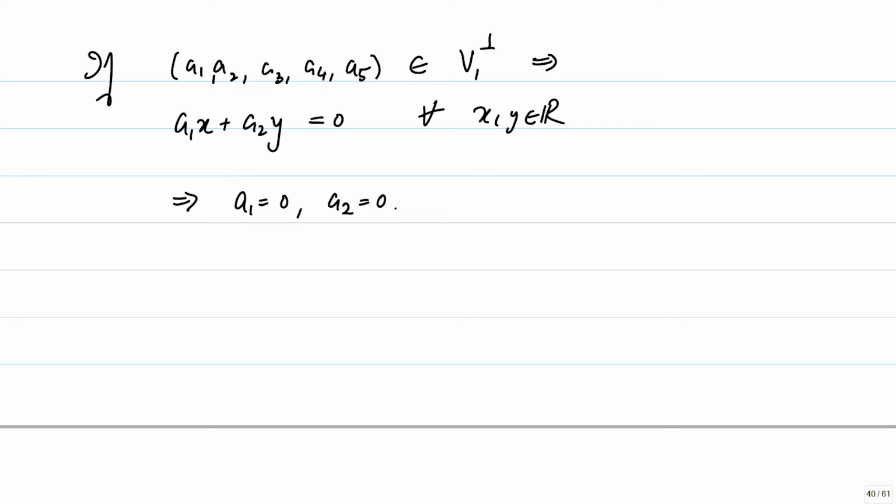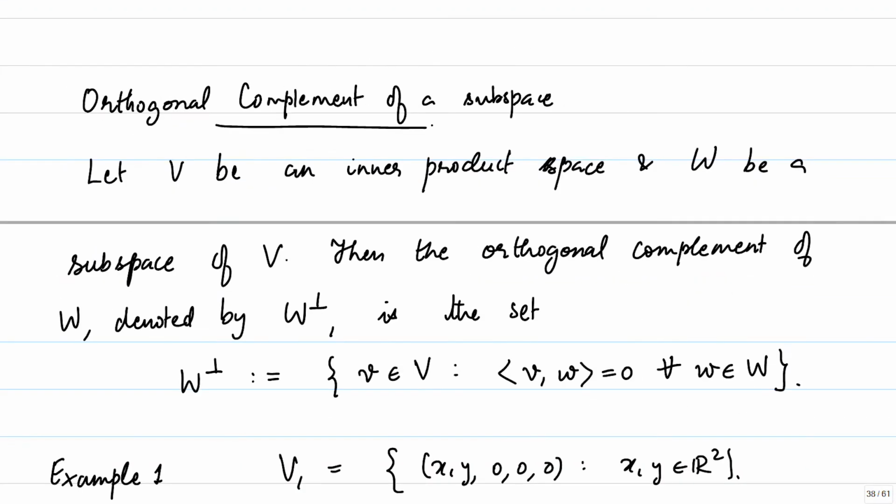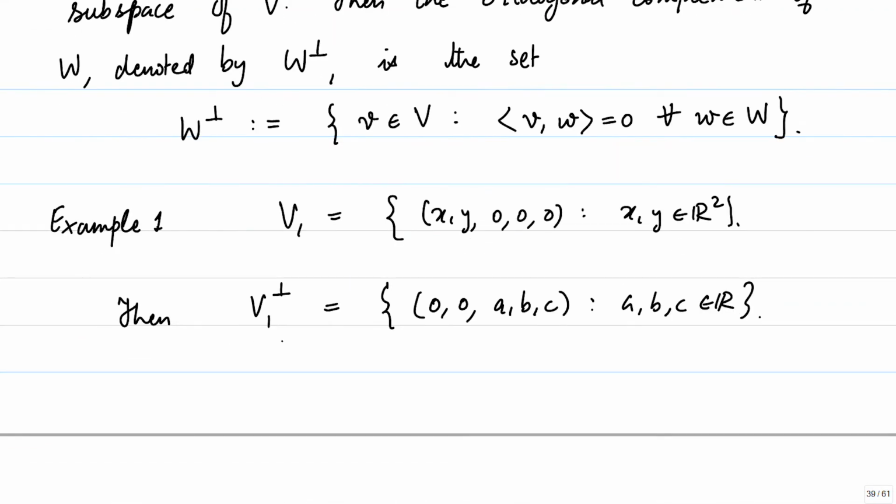For any values of a3, a4, a5, the inner product will turn out to be 0. Why is this the case? This implies that (a1 to a5) with (x, y, 0, 0, 0) is equal to 0. That implies a1x plus a2y is equal to 0. Yes, so this is clearly the case when this happens. So V1 orthogonal is this particular set.